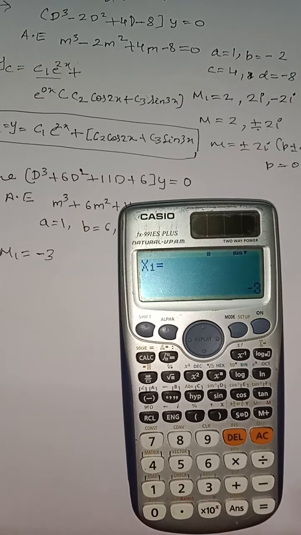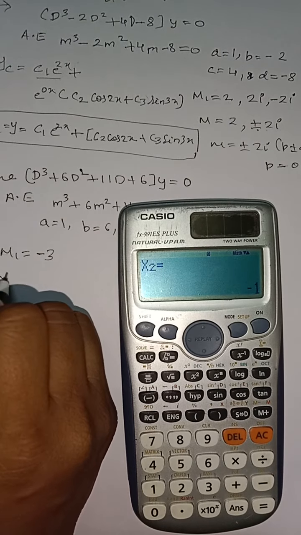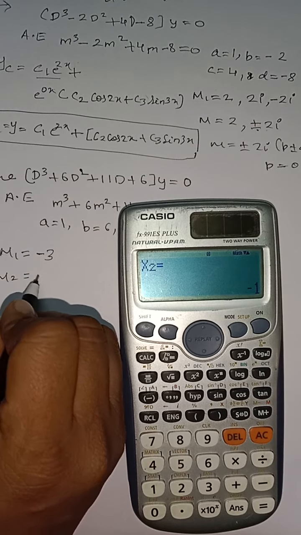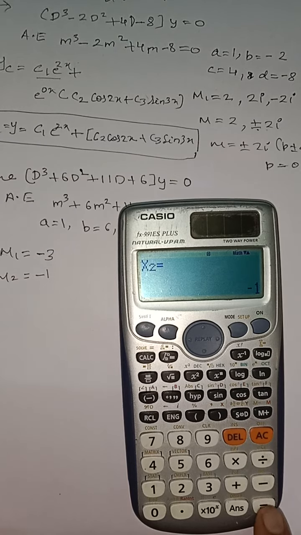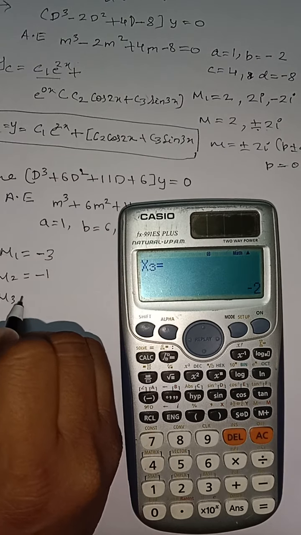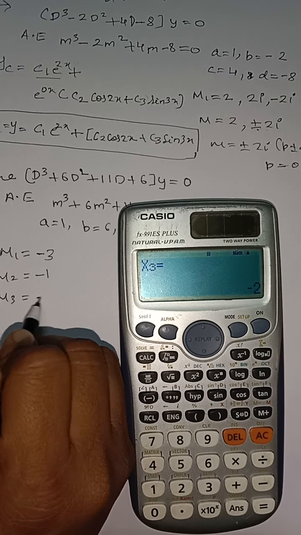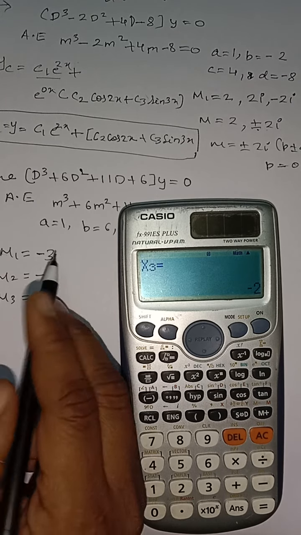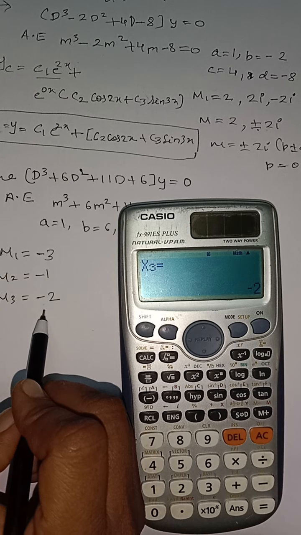Then again press equals to get x2. So I'll write here m2. M2 is -1. Then the next one, x3. So I write m3. M3 is how much? Again -2. So since it is a cubic equation, you have got 3 roots.